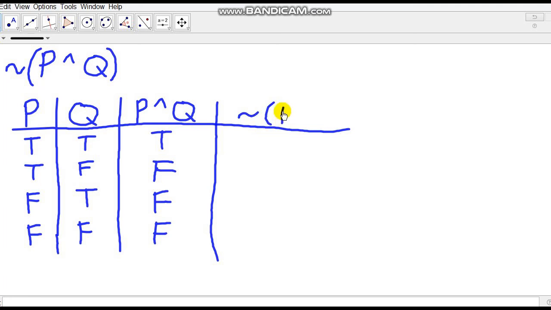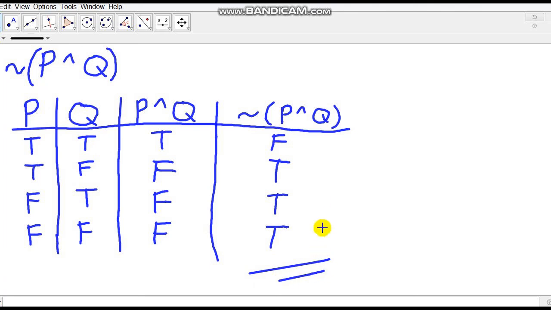We are going to look at this column this time: true, false, false, false. We get the negation of this column. The negation of true is false. The negation of false is true. The negation of false is true. And false again, it is true. Therefore, this is the truth value of the negation of P and Q.